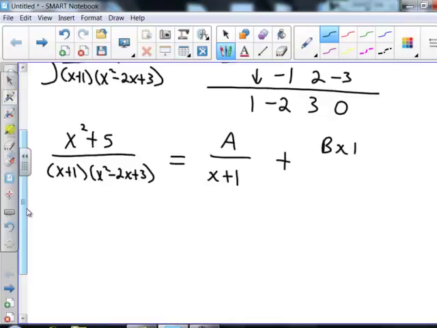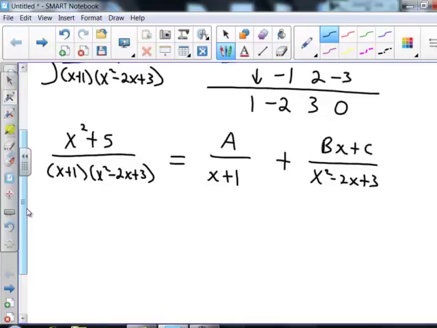So it could be bx plus c over x squared minus 2x plus 3, or it may just end up being a constant c. We'll see in a minute it does end up just being a constant. But you don't know, so you have to check and see.